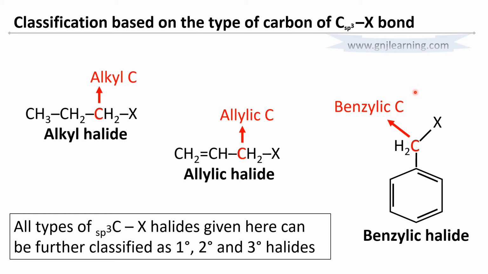Here we have seen that based on the sp3 carbon attached to X, you can classify the haloalkanes into alkyl, allylic, and benzylic. And in the coming slides, we are going to take each and classify them as primary, secondary, and tertiary.